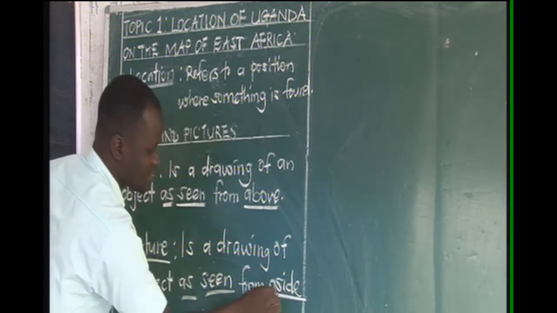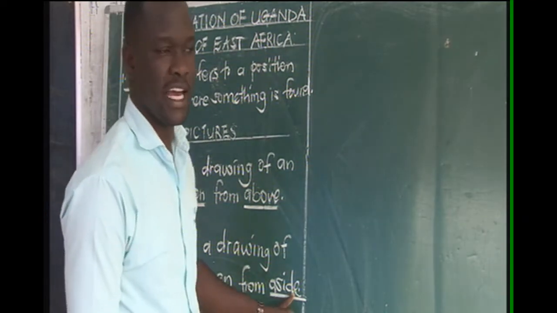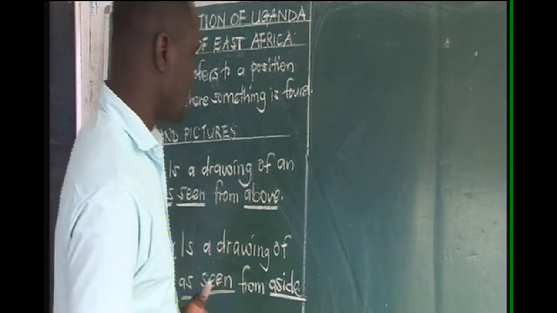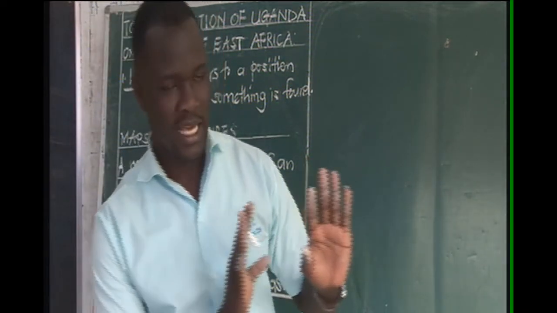"A side" is two words. Do not join "a" to "side". Which means this is a drawing of an object as seen from a side.